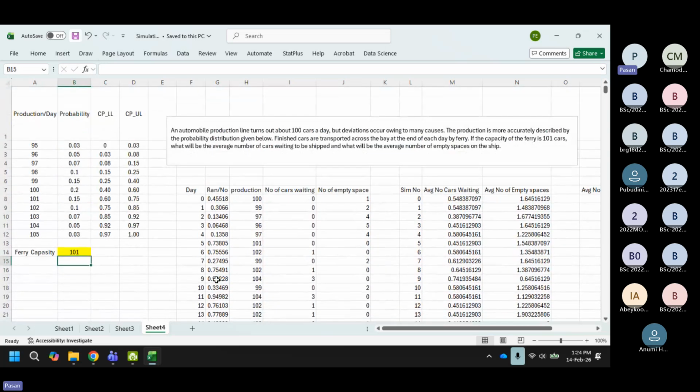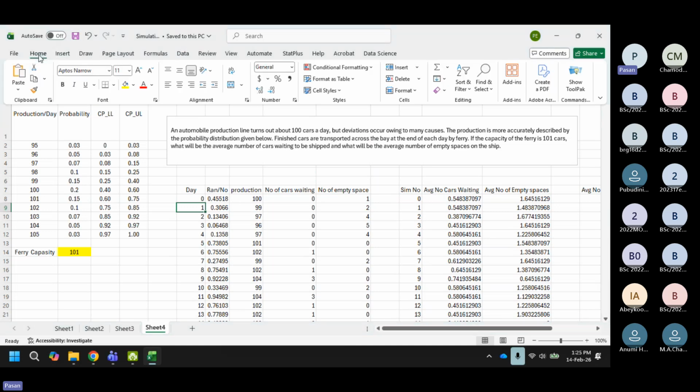So we need to generate the random numbers, and I can go with numbers from 1 to 30 there. In general, of course, I can write two numbers here and drag it down until 30, but I want to show you some options that are available in Excel.